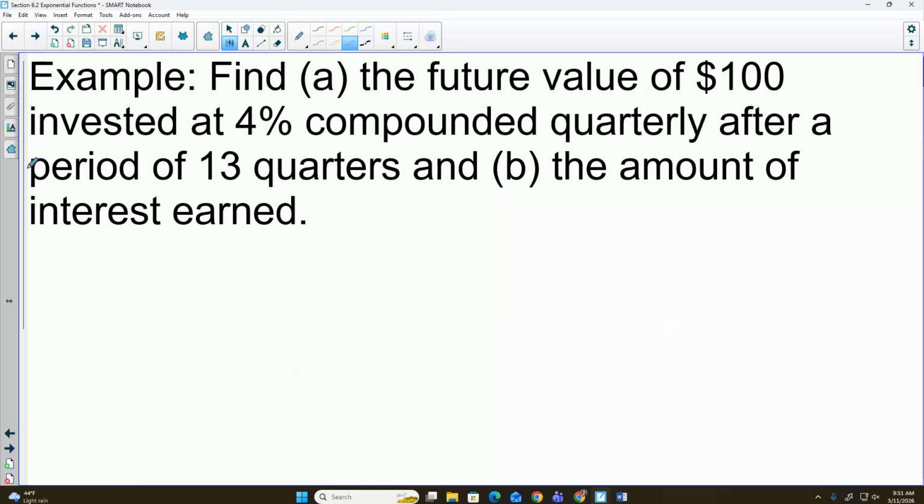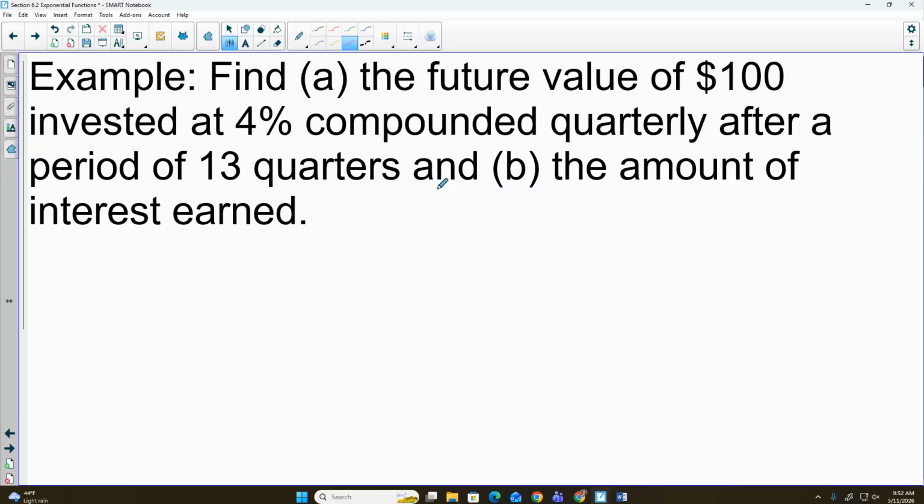All right. So the biggest issue with these is knowing what your numbers are, or what numbers you've been given. So here's what I want on these problems. We're going to figure out which of the 2 formulas we're using. Then we'll make a list of all the variables that we have before we plug into our formula. So if I ask you to find the future value of $100 invested at 4%, compounded quarterly after a period of 13 quarters.